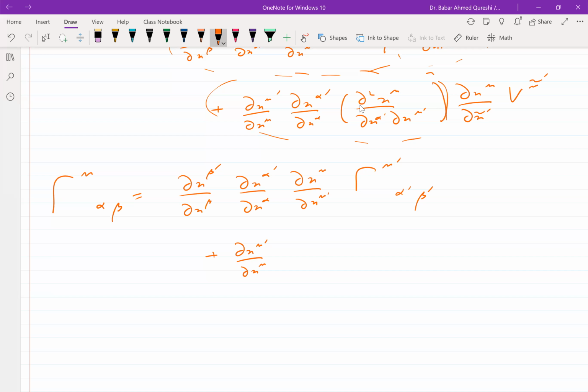And this second part does not have any connection components appearing, multiplying. So it's a non-homogeneous part.